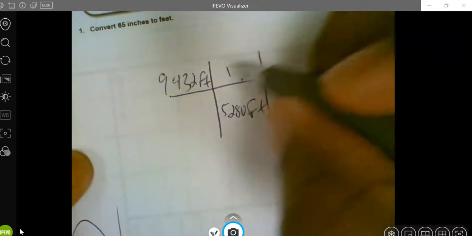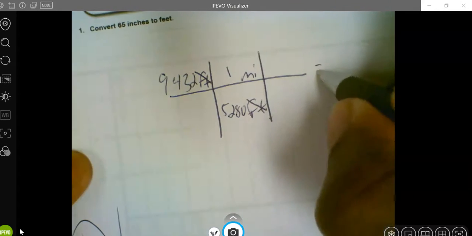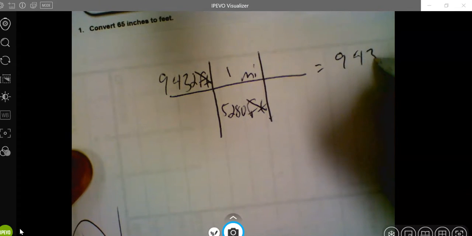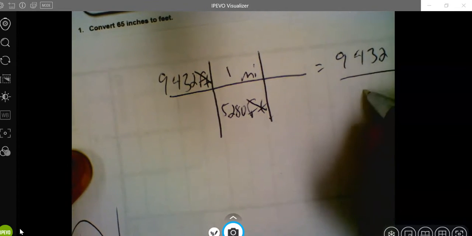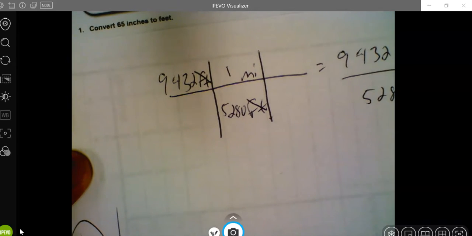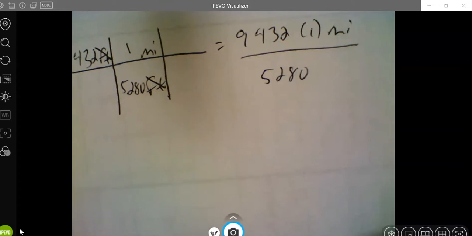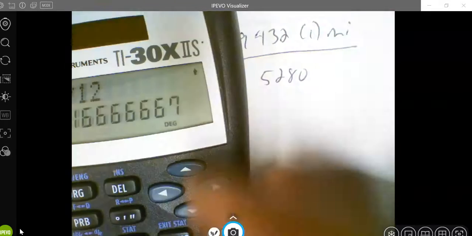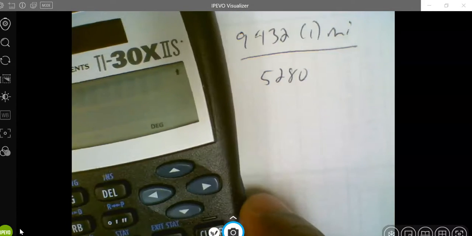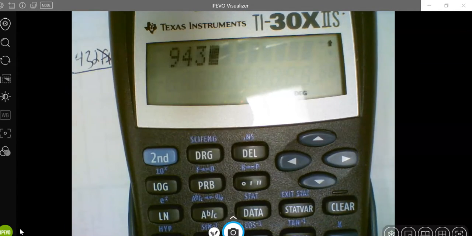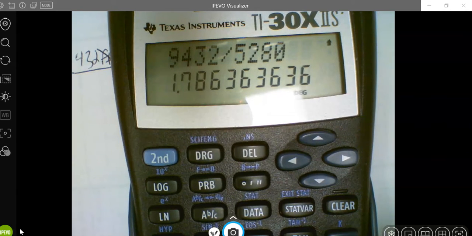So now when I multiply this, the feet cancel, and it gives you 9,432 times 1 mile, divided by 5,280. So you divide that. 9,432 divided by 5,280 gives you about 1.79 miles.